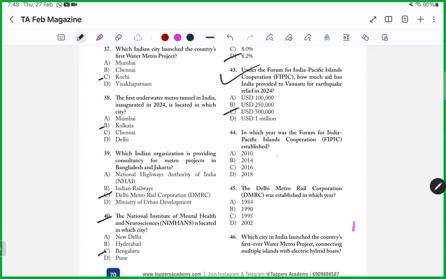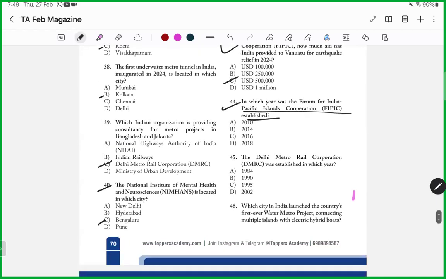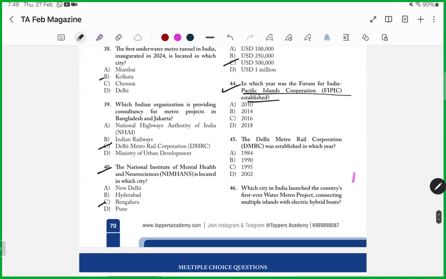In which year was the Forum for India Pacific Islands Cooperation established? Anyone? B. Okay.